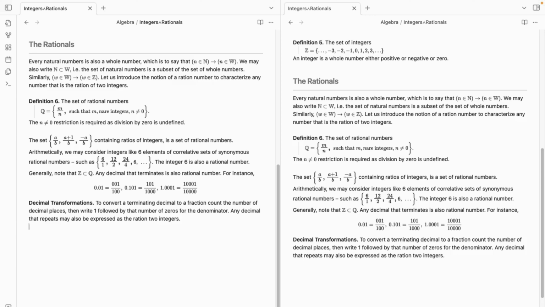For example, we might have the following repeating decimal, 0.0 and then 21 repeating, which of course equals 0.0212121 ad infinitum, right?